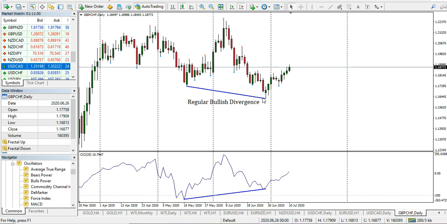That's the first thing. In this example, you can see that we're comparing this low to this low, and likewise on the indicator, we're comparing lows, this low here to this low here. That is how you know that you're looking at a bullish divergence when you're comparing lows.